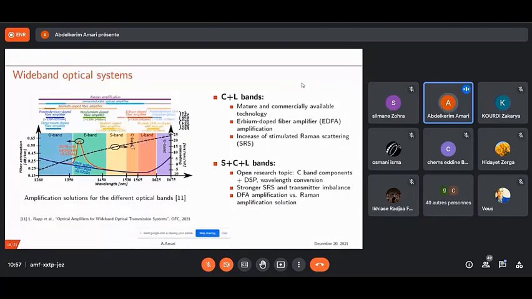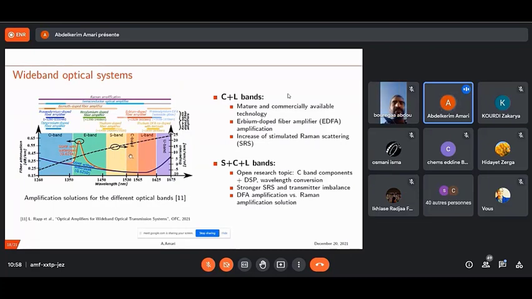But for the S-band, it has been found that some IQ modulators have wavelength dependency and are not suitable for the S-band, and this leads to an increase of the imbalance. So some imbalance compensation needs to be done at the receiver side.